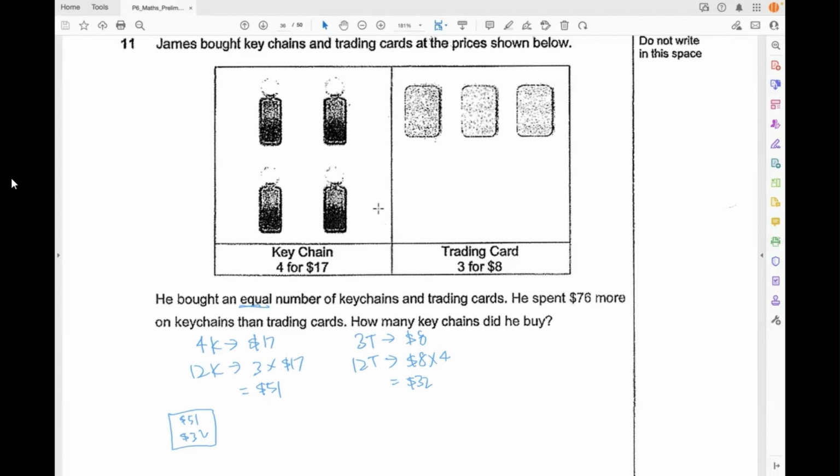Okay. Now, the question provides that he spent $76 more on the keychains than the trading cards. So in every group, he paid how much more for the keychains compared to the trading cards. Every group, I call it the difference in one group.